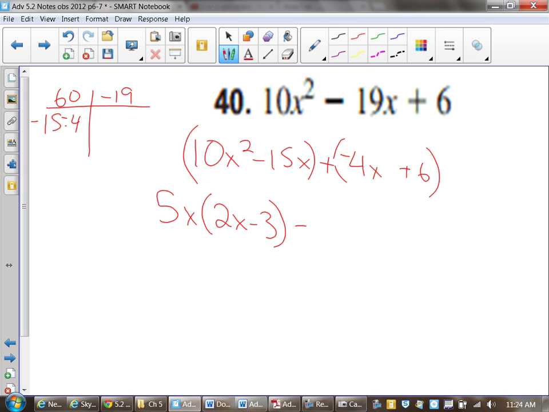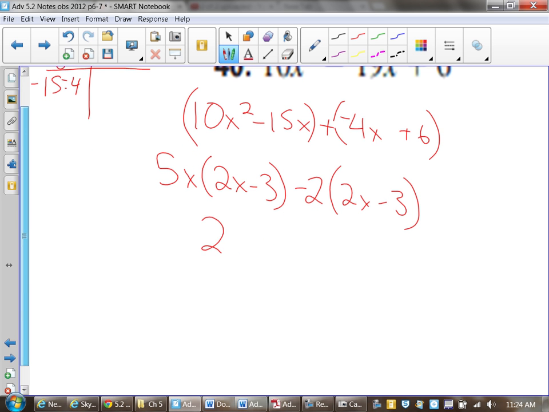So when I take that negative out, what's the GCF of 4 and 6? We're taking out a negative 2. So negative 4 divided by negative 2 is positive 2. Positive 6 divided by negative 2 is negative 3. That's what allows me to get the same term within my parentheses. Now, the terms are the same in there. I write it down.